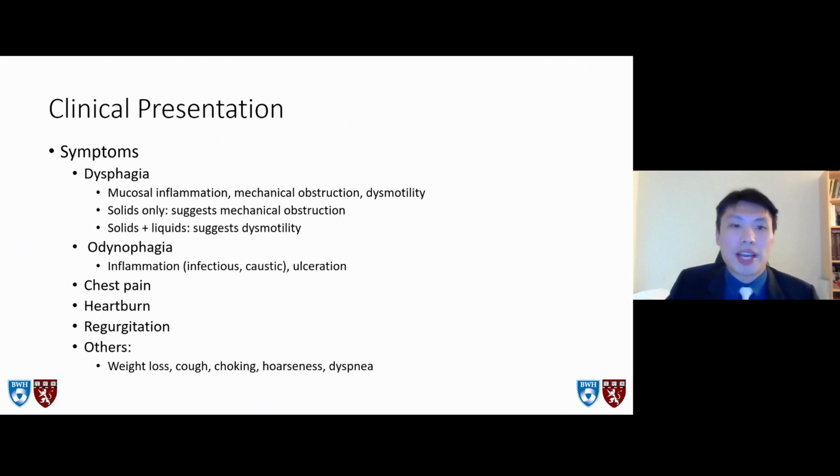Obviously, this is not 100%. Odynophagia is also common. Usually when that occurs, it indicates some type of inflammation or ulceration. Chest pain, heartburn, regurgitation are some of the other common esophageal symptoms, as well as some extra esophageal symptoms such as weight loss, cough, choking, hoarseness, or dyspnea.